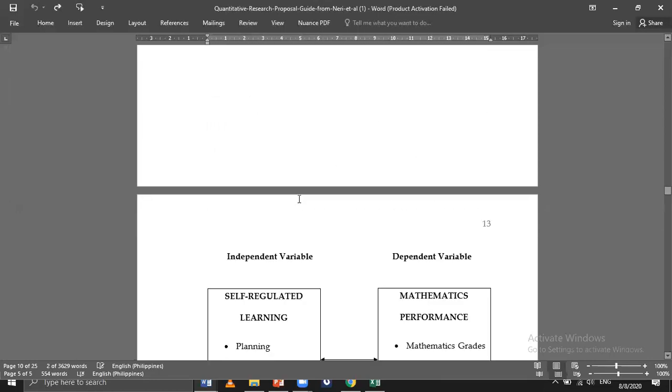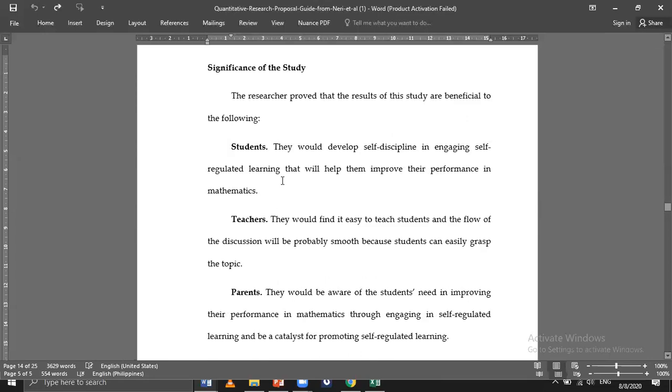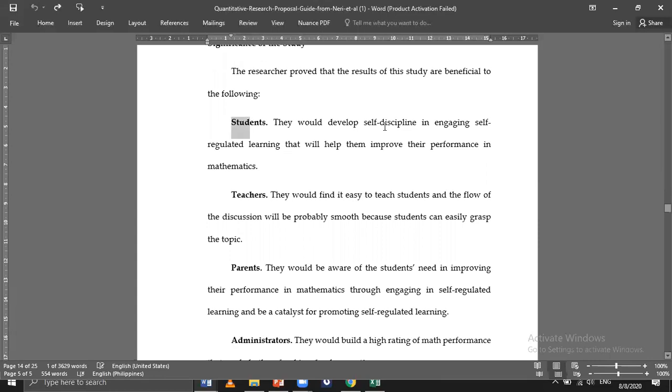But of course we will not forget about the significance of the study. Significance of the study: who are those people or group of individuals that will benefit from your study, and how would they benefit? Let's say, for example, students will develop self-discipline by engaging in self-regulated learning that will help them improve their performance in mathematics.